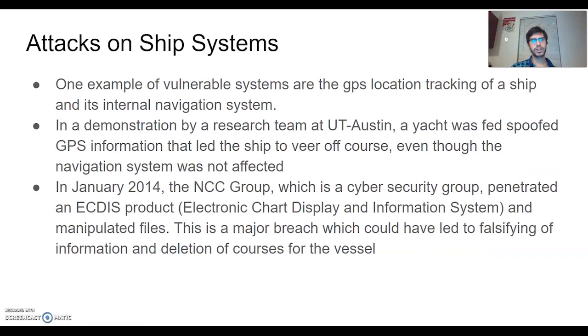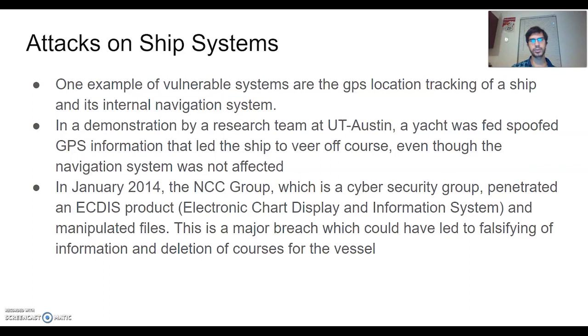The attacks on ship systems, one example is researchers from UT Austin fed spoofed GPS information to a yacht, and even though the yacht veered off course, the GPS navigation system was not affected.